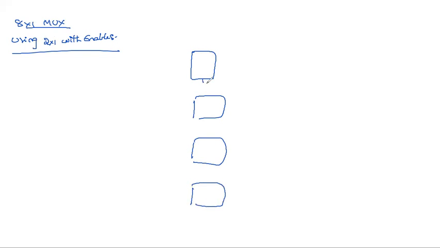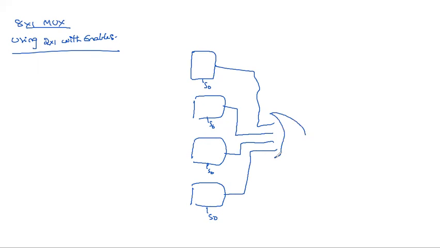We have only one selection line, that is S0. And all outputs are connected to an OR gate. This is F.